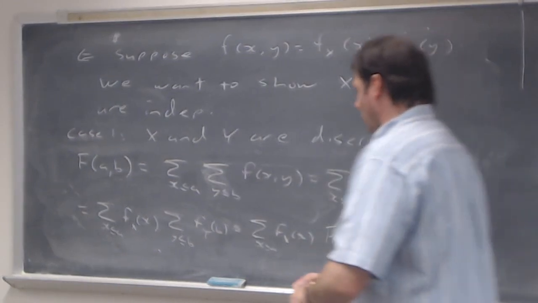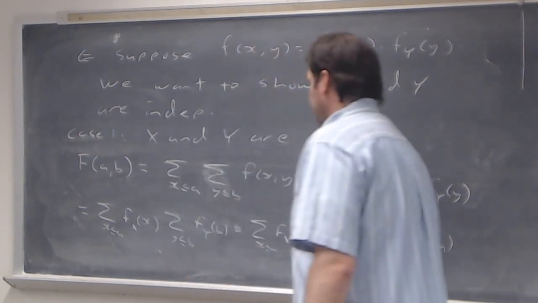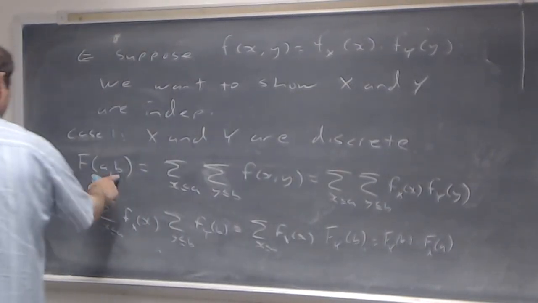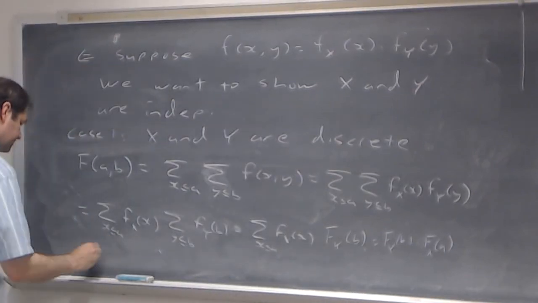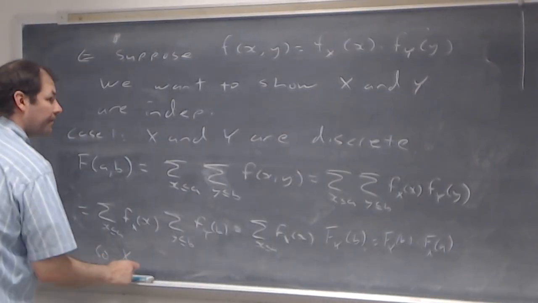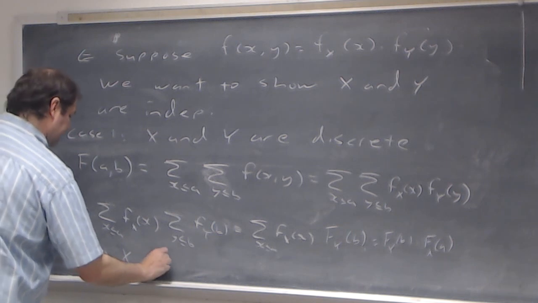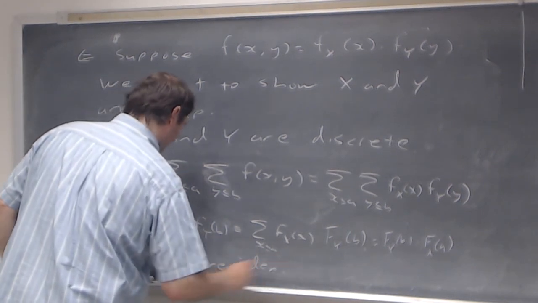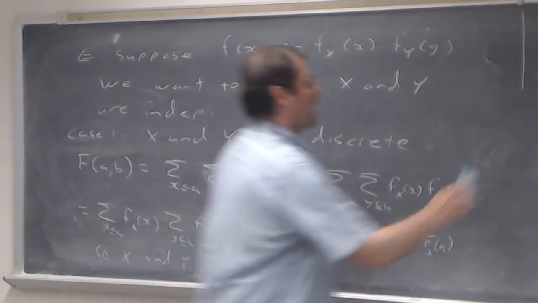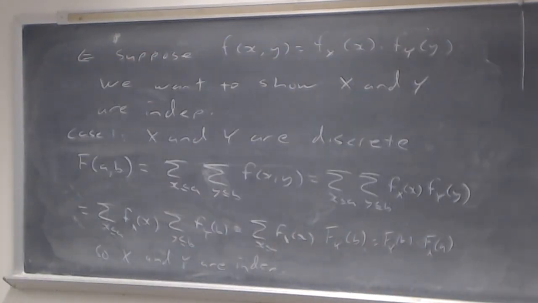Okay, so we've proven what we want in this case. And that is that the joint is equal to the product of each individual. So that says x and y are independent. One of the definitions for independence. And we only got one more case.